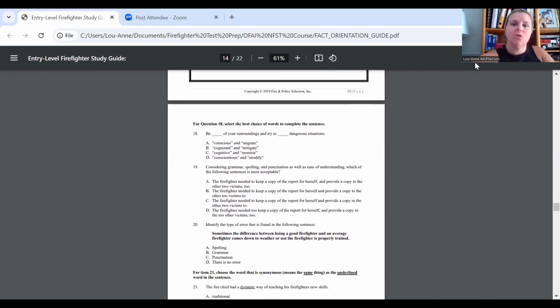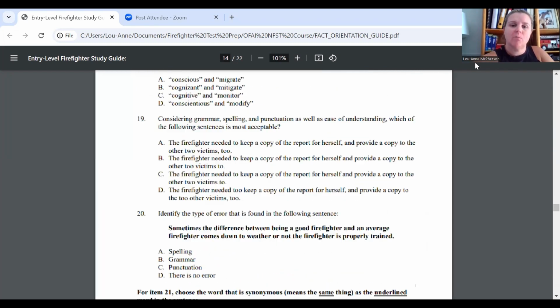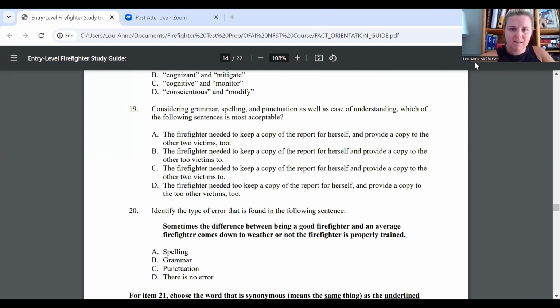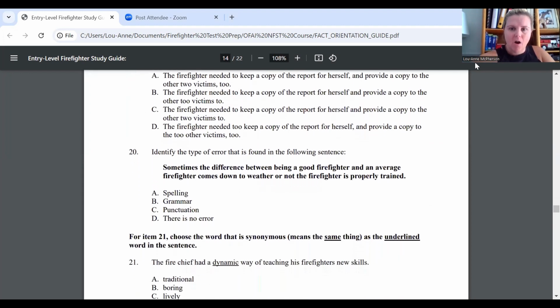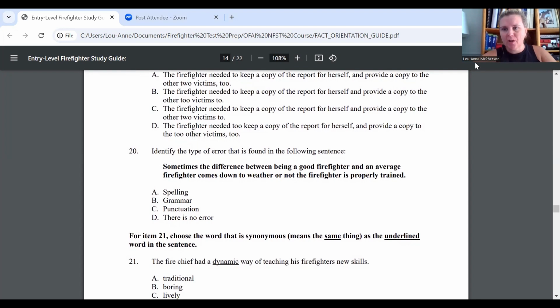Before we look at this section, I just want to remind you that these study guides are not a good means to help you assess whether or not you're going to get a good grade on your test, because they don't provide you with enough questions.